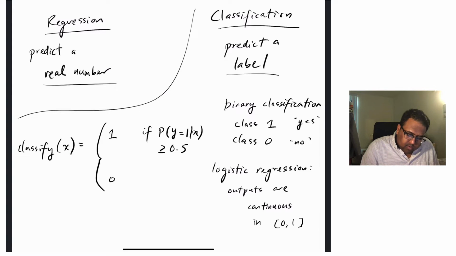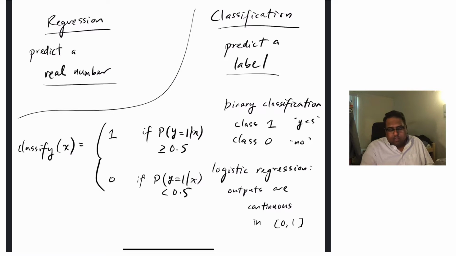And we'll say class 0 if it's below the threshold. So if the probability that y is 1 given x is less than 0.5. But again, 0.5 could have been 0.7, for example. It's not set in stone that we have to use 0.5.